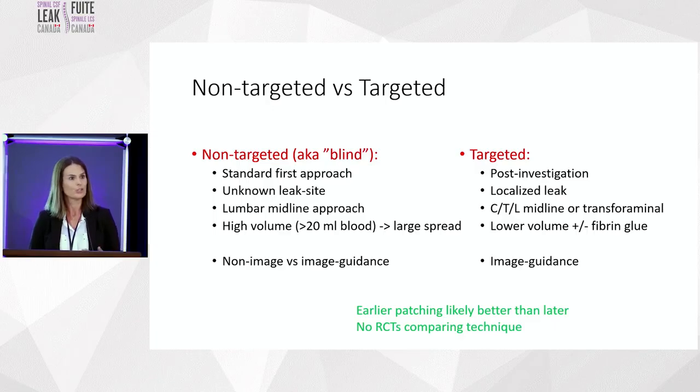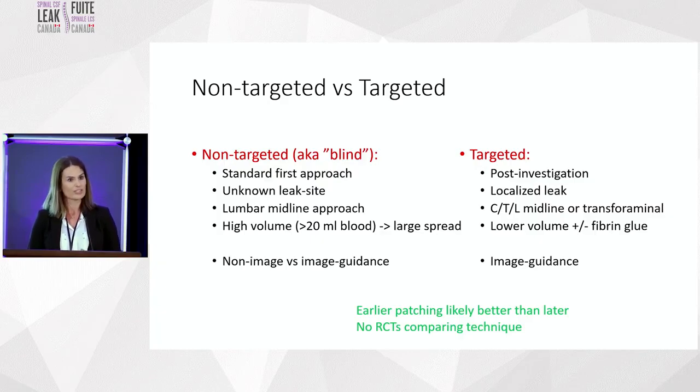So we start with a non-targeted blood patch that's usually done at the lumbar or thoracolumbar level, and usually we'll call for a high volume because, again, we don't know where the actual leak is located, but we want to target it as well. So we try to inject as much volume of blood as possible as the patient allows us to do, in hopes that it will cover the leak itself as well. This one can be done without image guidance or with image guidance.